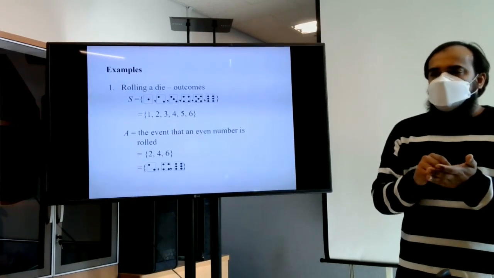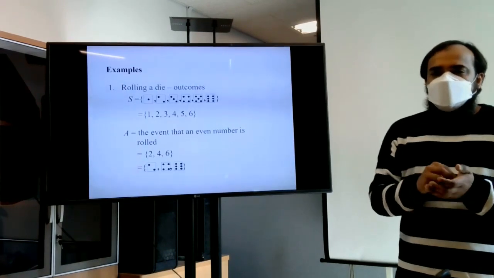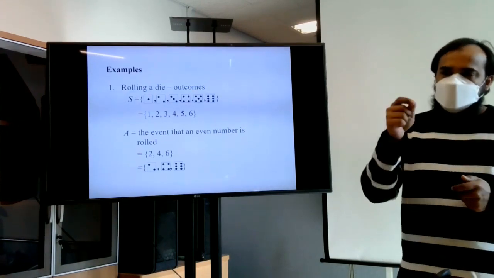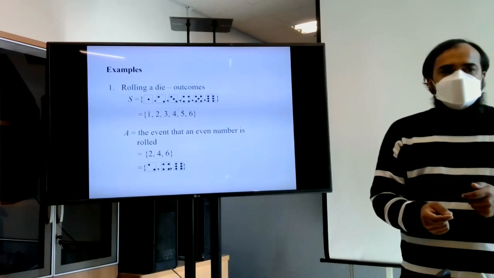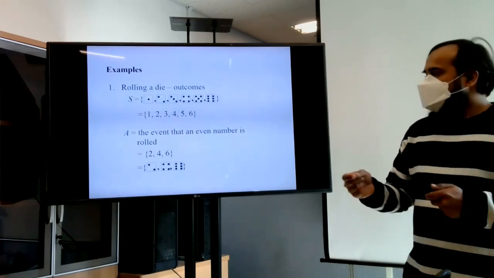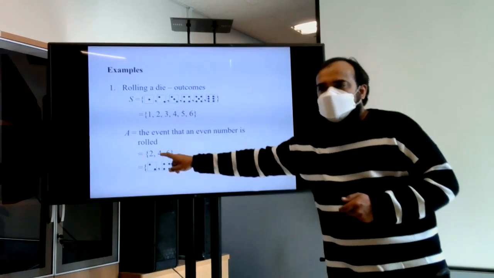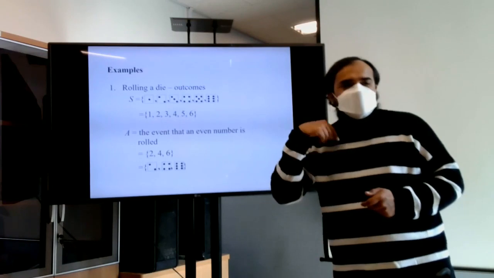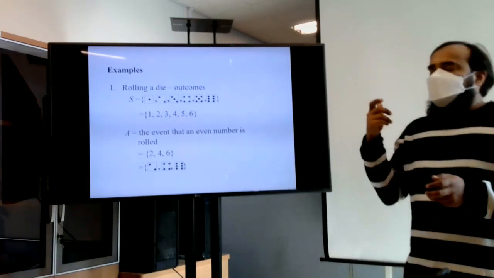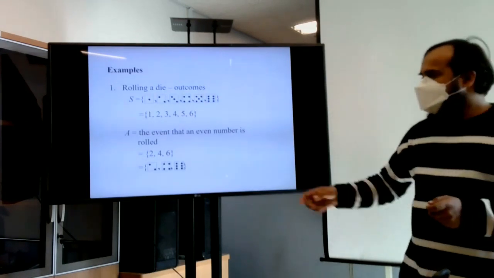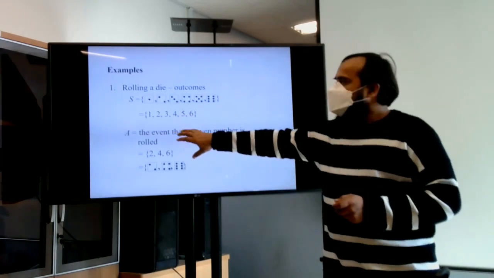You have to find the probability of the event that when you roll a die, an even number occurs, either 2 or 4 or 6. What is the probability of that event in the sample space? This is only a part of the whole sample space.